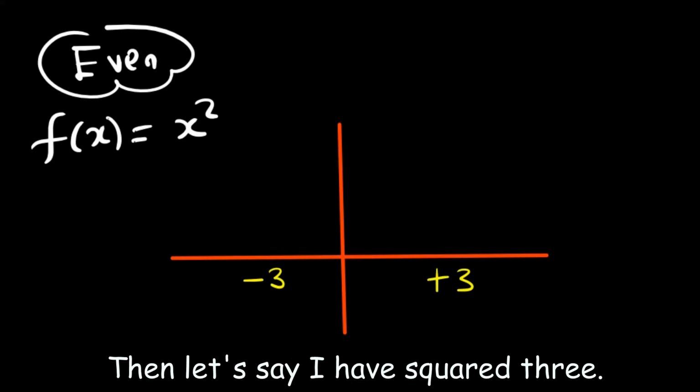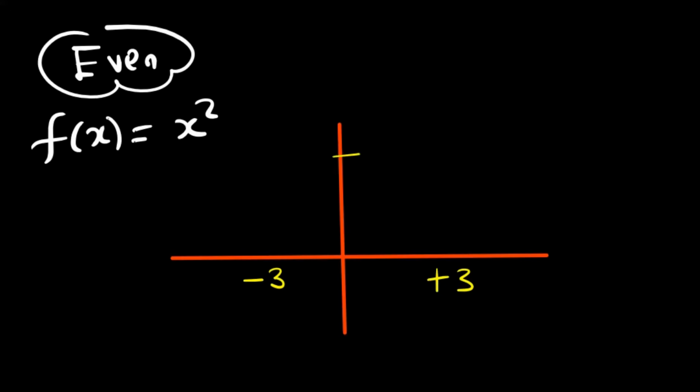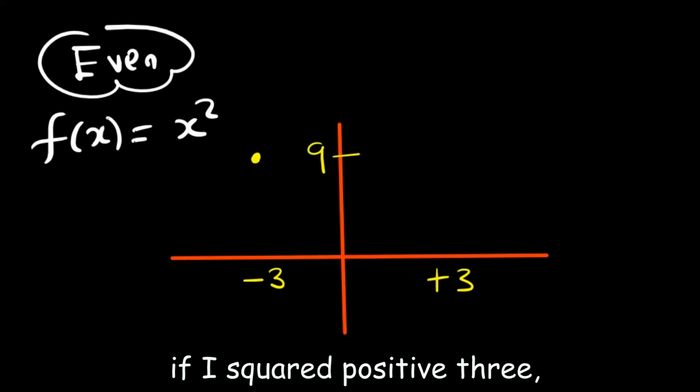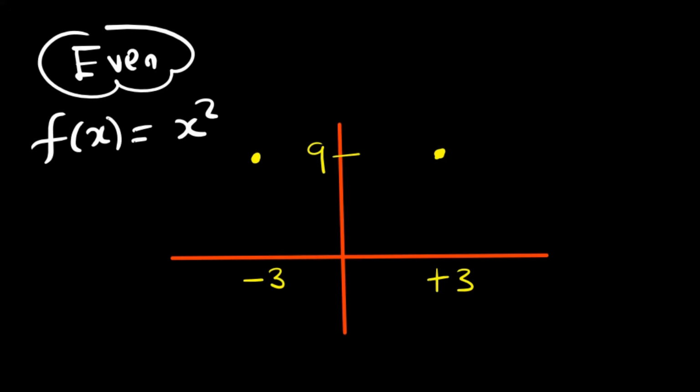Then let's say I've squared 3. 3 is going to give me what y value if I square it? Let's say 9. It's going to give me a 9 on the other side. At the same time, if I square positive 3, it's also going to give me a 9 there. And let's say this point is passing through 0, 0. That's where we're starting from. If we join these lines, it's going to be something like that.